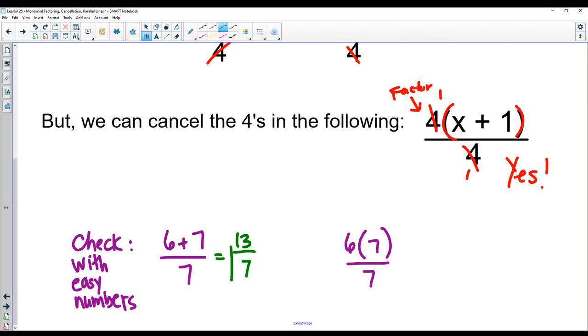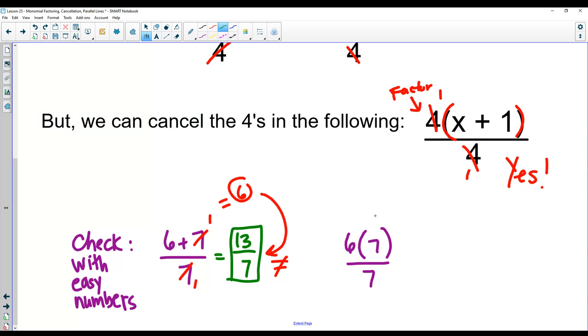So that's the actual answer. What happens if we incorrectly cancel? We go, oh, 7 goes into 7, once here and once here. Well, then we would have 6 plus 1 over 1, which is 6 over 1. Okay, so clearly not even close, right? Not equal to the actual answer.